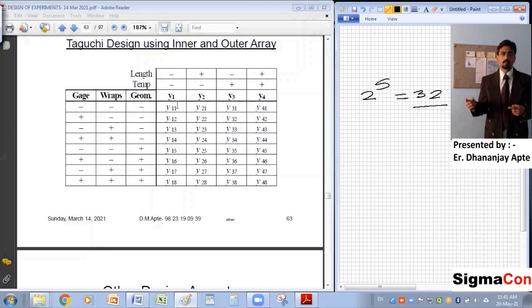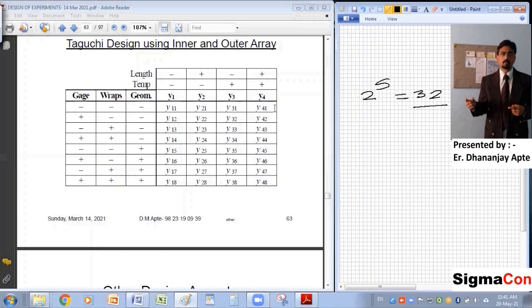If these Y values are not having much variation, then what do we reveal? Output is irrespective of the value of length and temperature. Length and temperature could be either low or high; at any of these values, we do not have much variation in the output value.